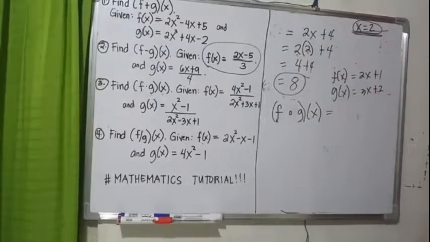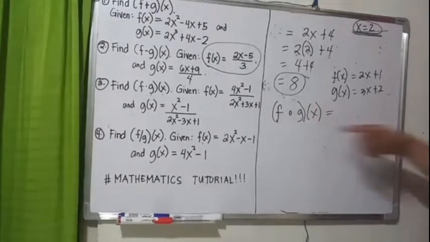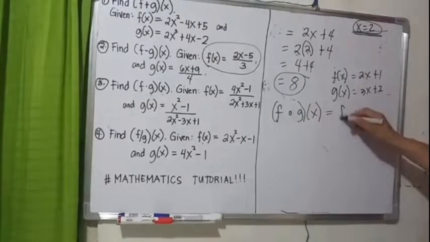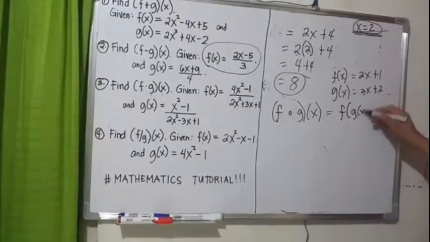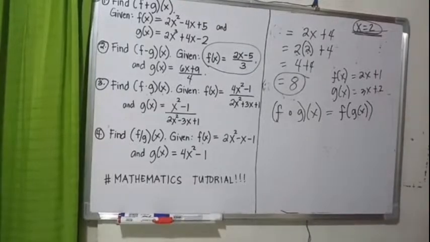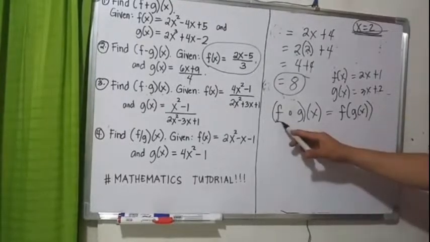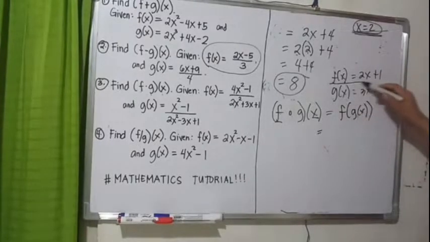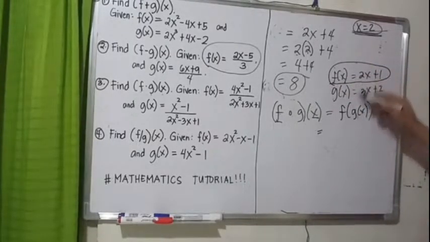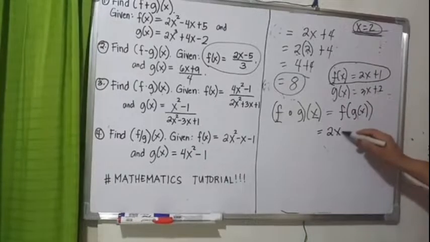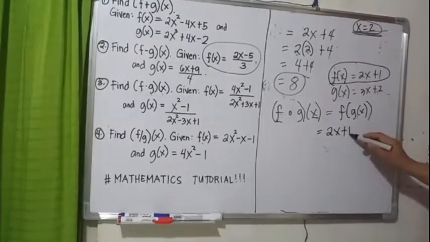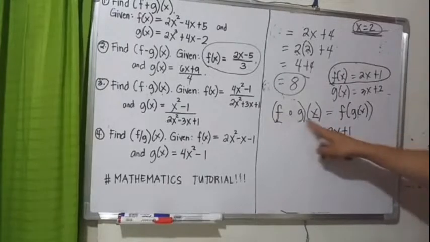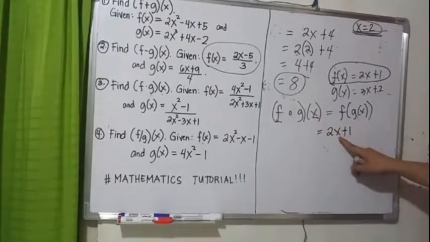Ang formula niyan is f of g of x. Kung ano yung given na una, f of x, kopyahin natin, that is 2x plus 1.